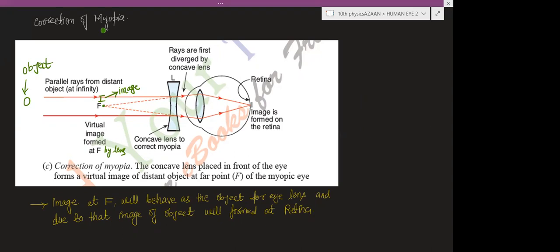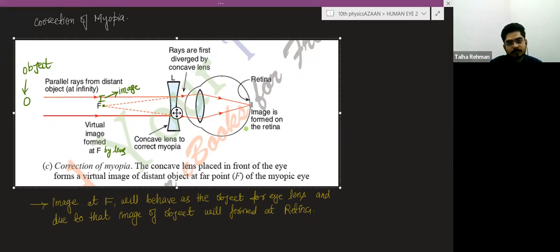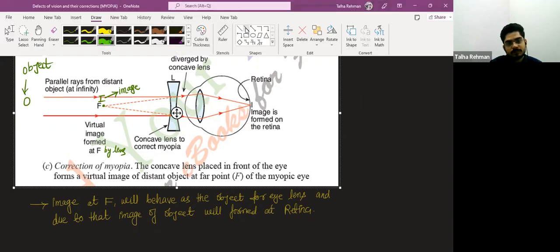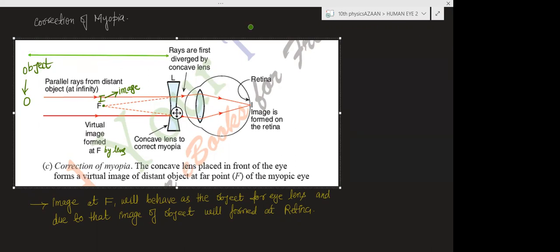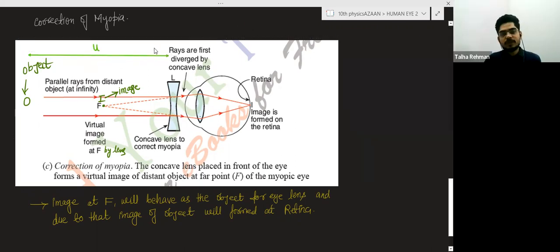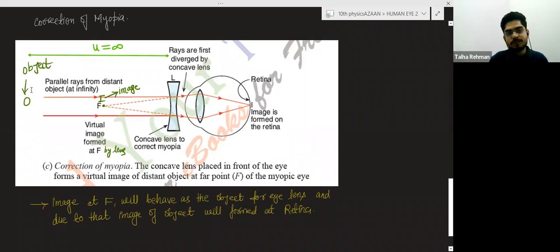Done, sir. Okay, can you tell me what will be the object distance in this case? Someone can ask you also. What will be the object distance? Infinity, yes sir, because this object is at infinity. And what is the image distance?